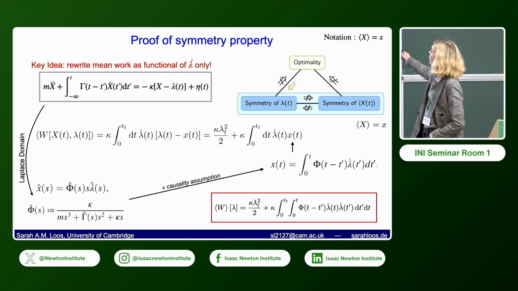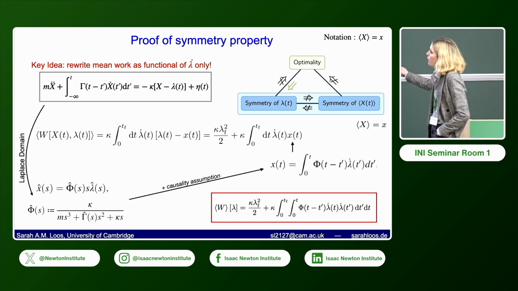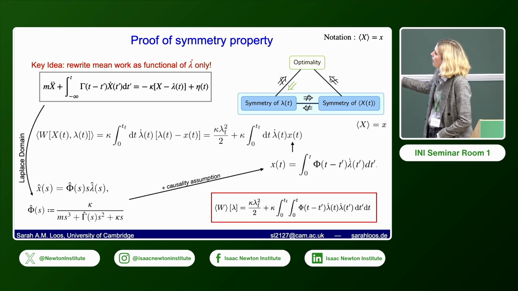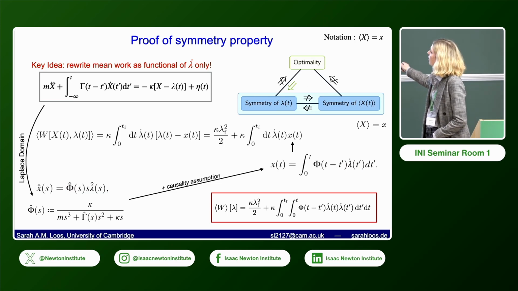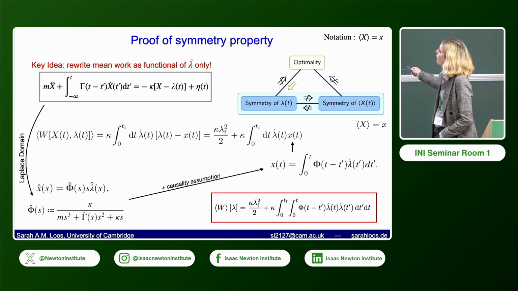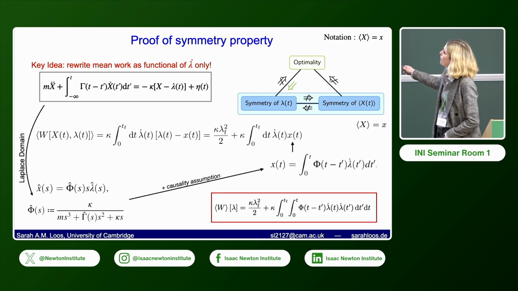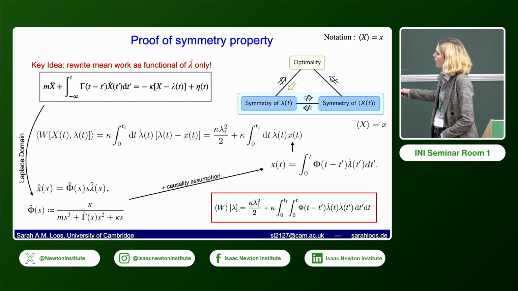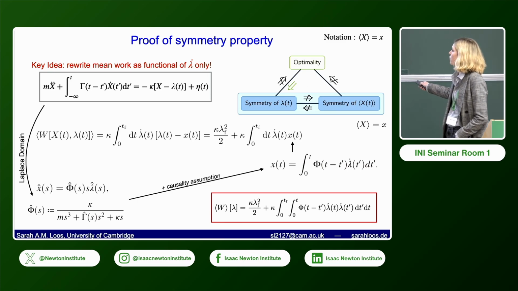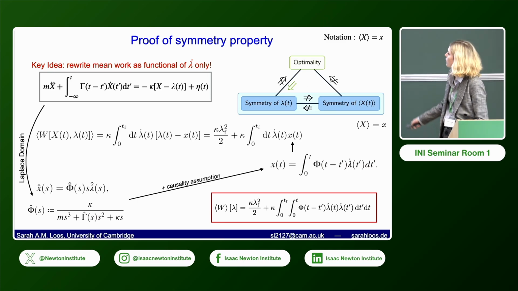The main idea to show this was to rewrite the work functional in a different form. In particular, to show the implication between optimality and the symmetry of the protocol, we want to write it as a functional of the protocol only. And this can be done by going to Laplace domain to rewrite your particle trajectory using a response function.